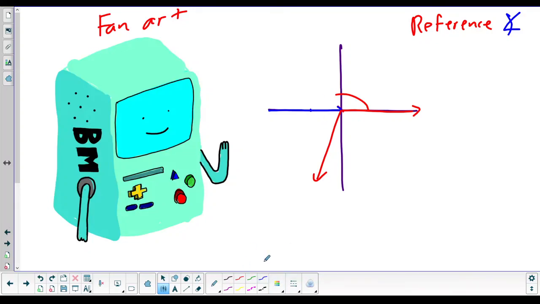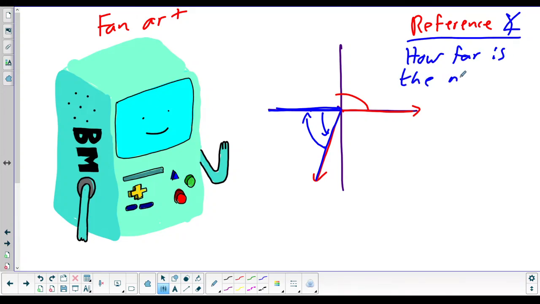Now it's gone too far. This is still the closest x-axis, and this is still our terminal side. So then you want to ask yourself, how far back do you have to go to get back to the nearest x-axis? So a reference angle is just asking how far is the nearest x-axis.